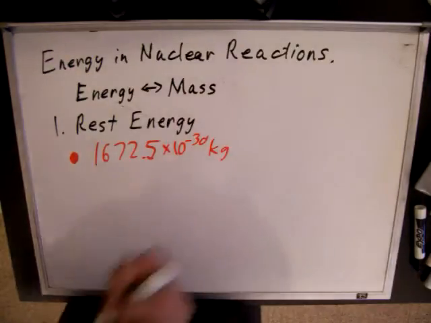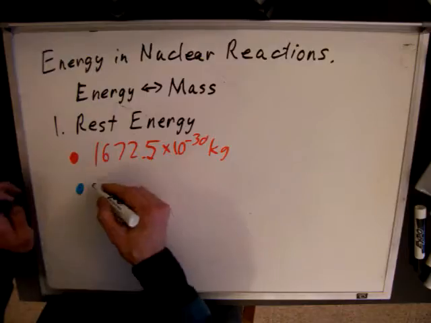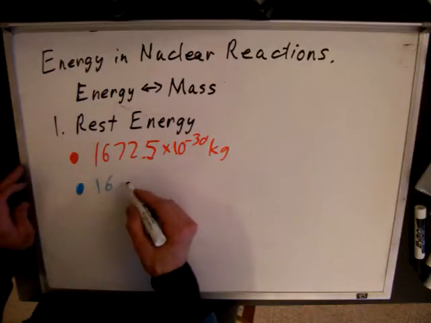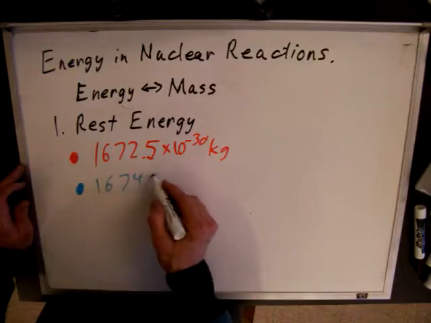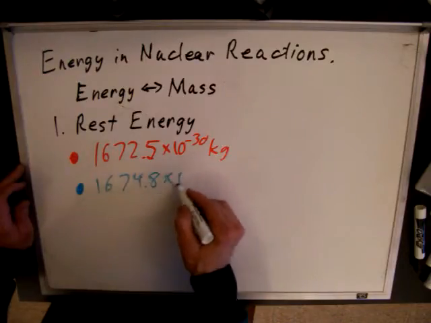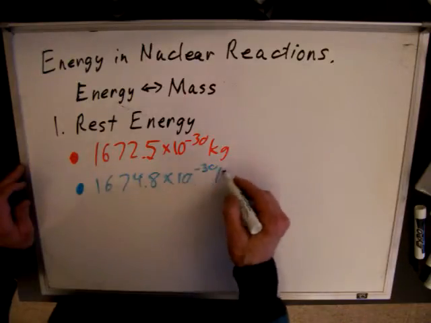The neutron has a mass which is almost the same, 1674.8 times 10 to the minus 30 kilograms.